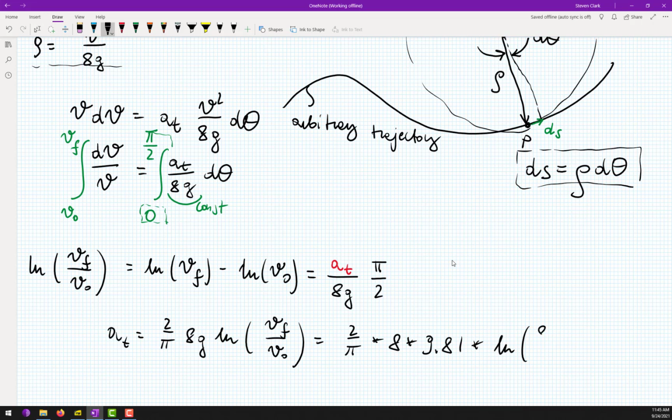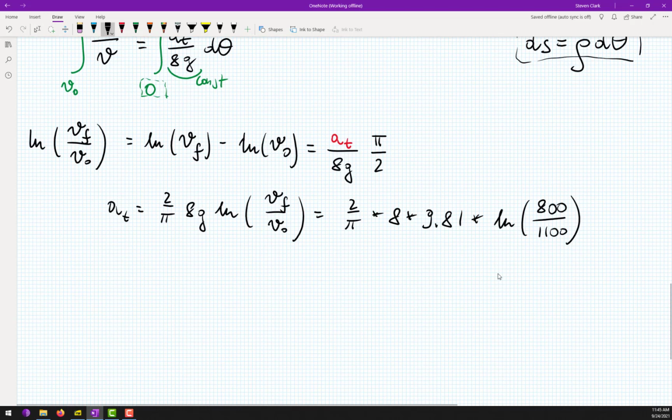I'm going to use 800 over 1100 because those units will cancel out. Grab your calculators and obtain that our at is approximately minus 15.91056 meters per second squared.